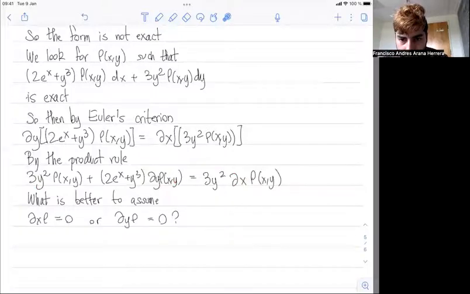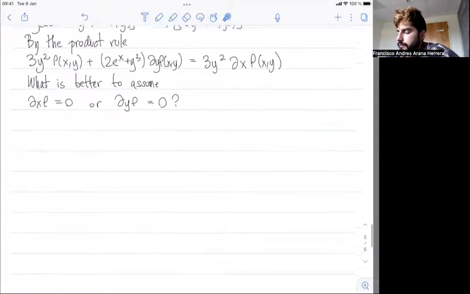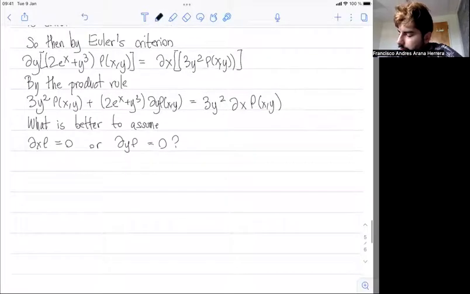And as I said, it seems like in this case, it's easier to assume this condition. So that wins.